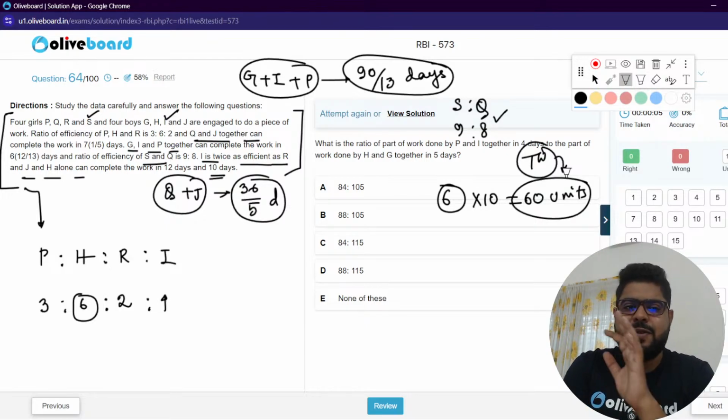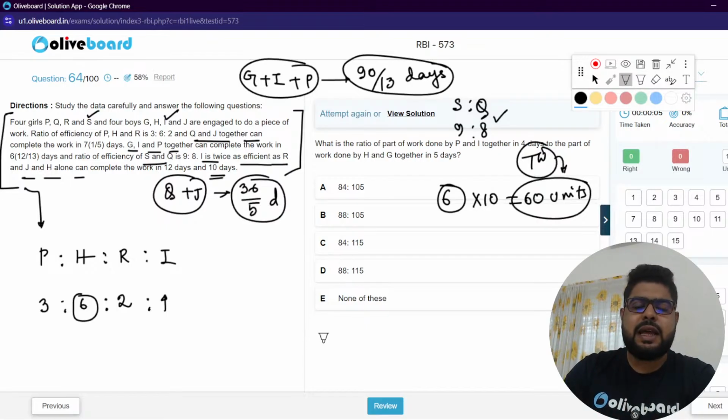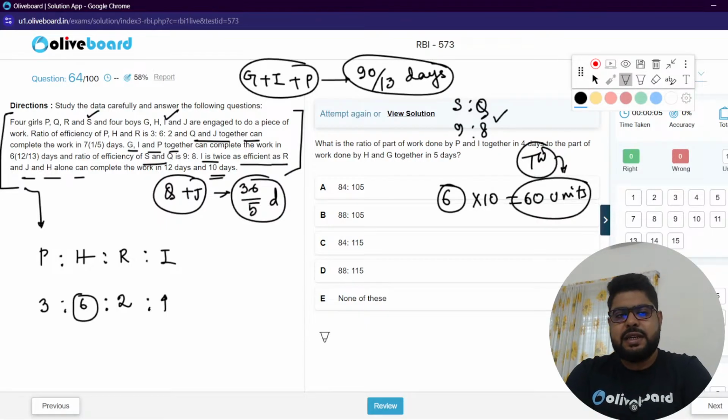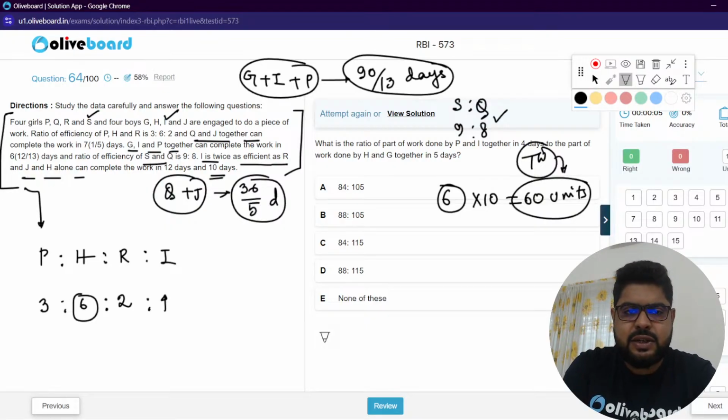Perfect, sir. So let's figure out from there the efficiency of G, or J, Q, whoever we can. Wait, let me check once, sir. I is twice as efficient, got it, sir. J and H can complete this.